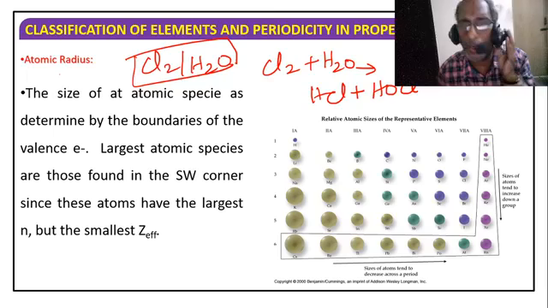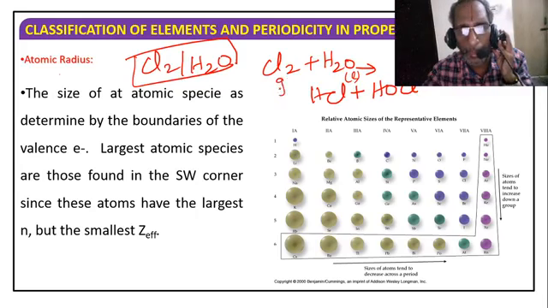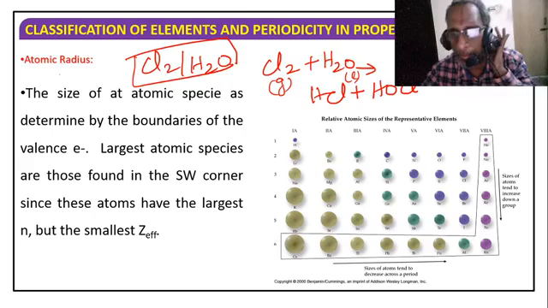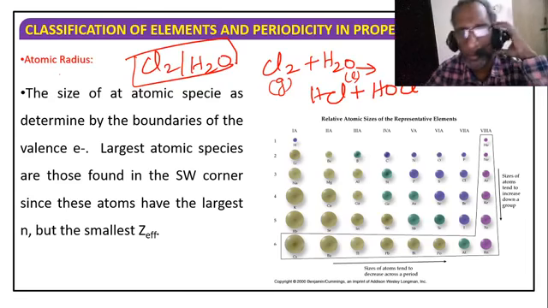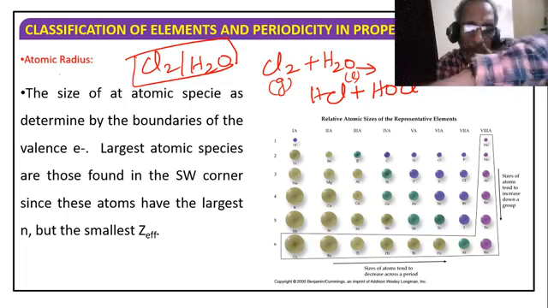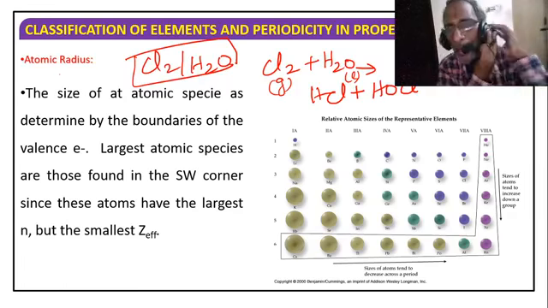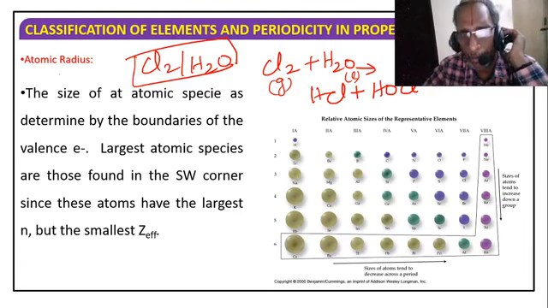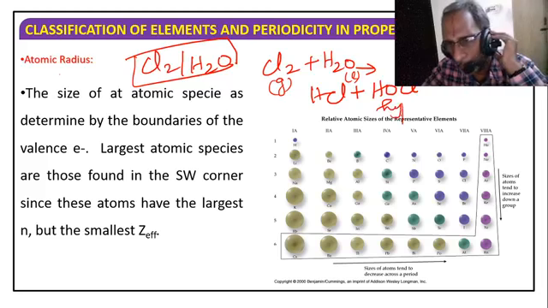Water is a liquid, chlorine is a gas. When chlorine gas is passed through water, it is converted to a mixture of hydrochloric acid and hypochlorous acid.